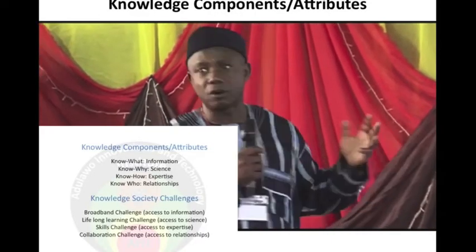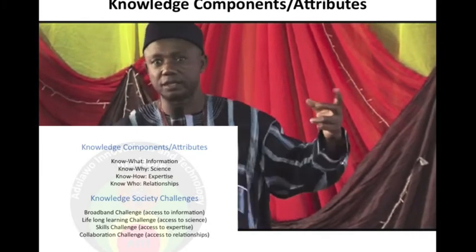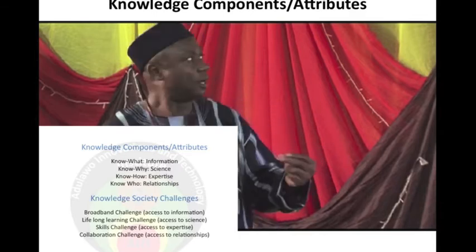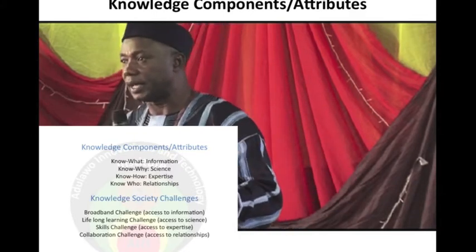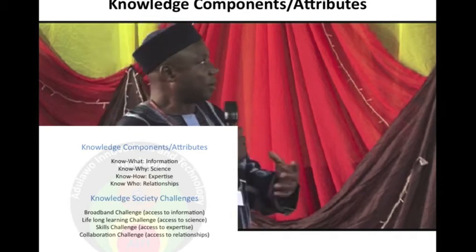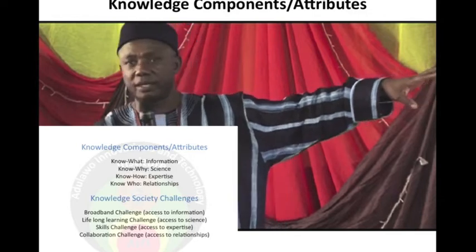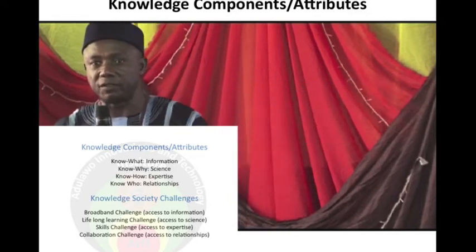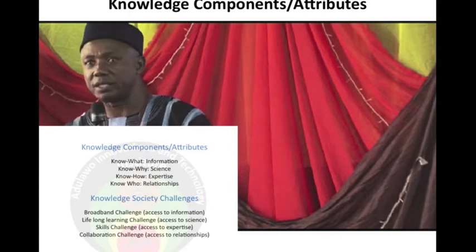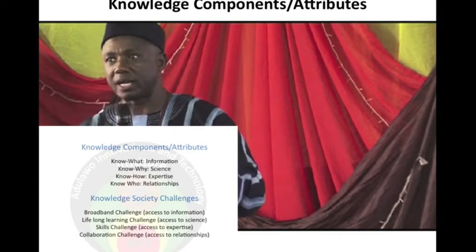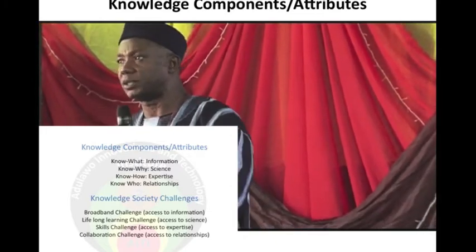Now, knowledge has four components. You can know things in terms of just having information. You can know why things are the way they are in terms of knowing the science. But it also takes knowing how to make things happen, having some specific expertise of how to design the process, resource that process, implement that process, and derive value from the process.